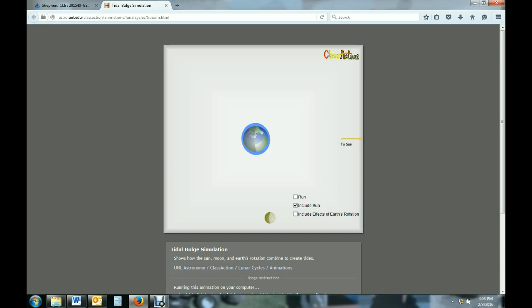Okay. If we click run again, the moon will come around. You can see the tides are getting bigger and bigger and bigger. And when the moon is on the same side as the sun, these should be as big a tide as you can possibly get. And it's because the moon and the sun are pulling in the same direction.